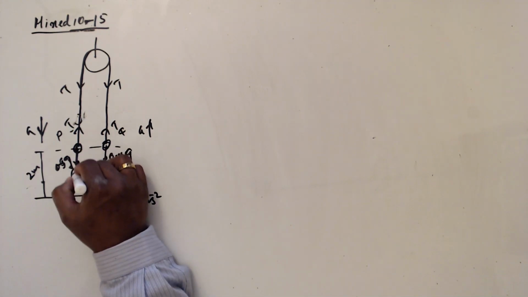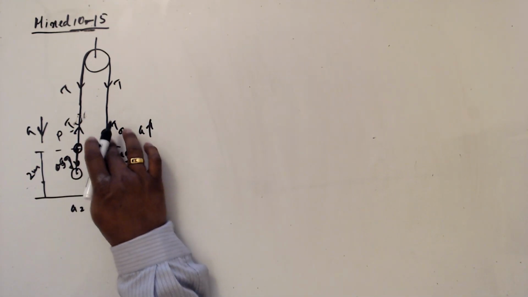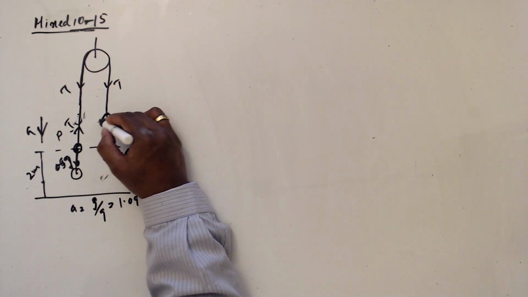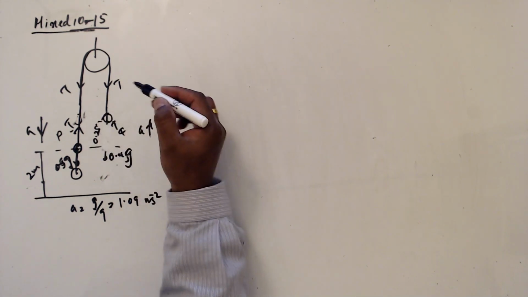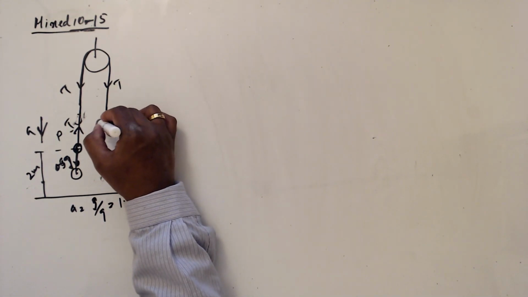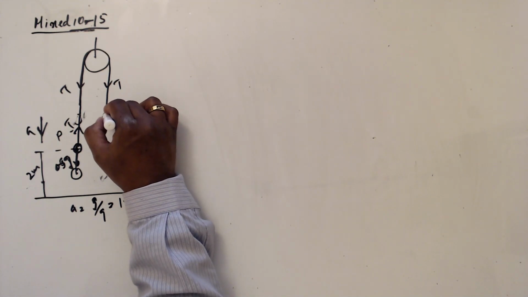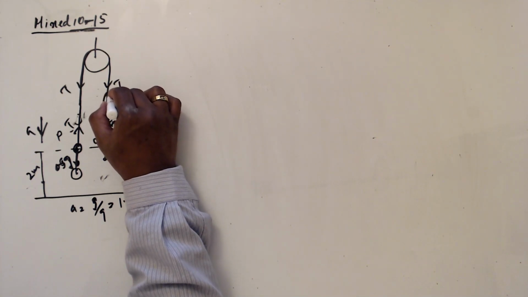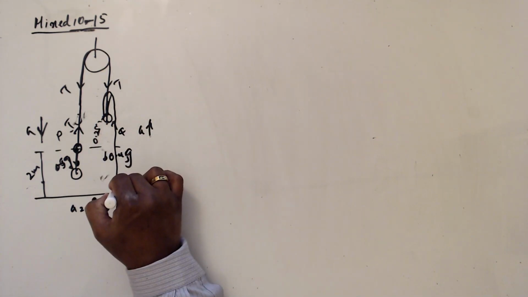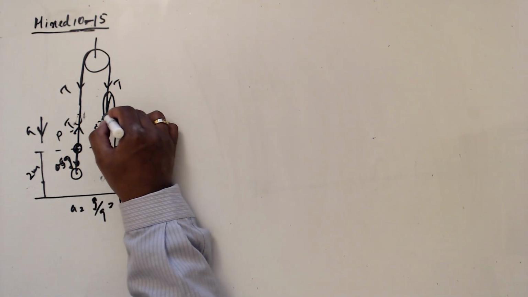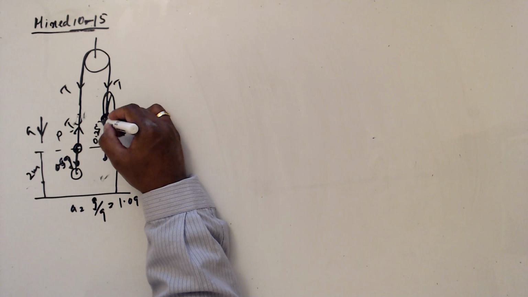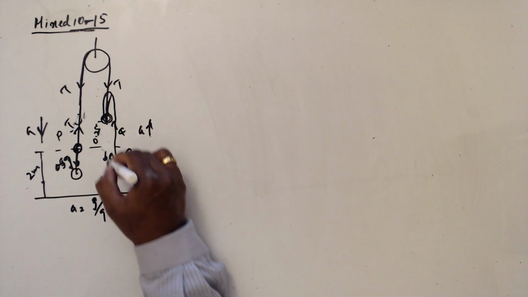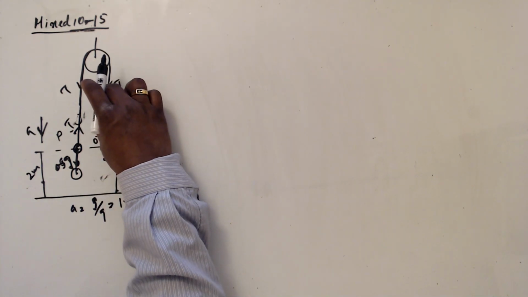When it comes up to here, the particle position is somewhere here. It travels 0.2 seconds and the string breaks, and then the particle moves freely under gravity and comes back until it hits. So we need to find this whole total time.